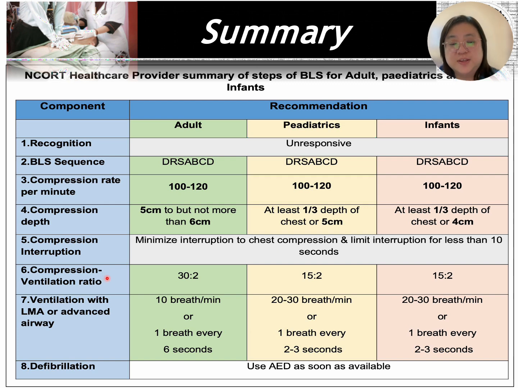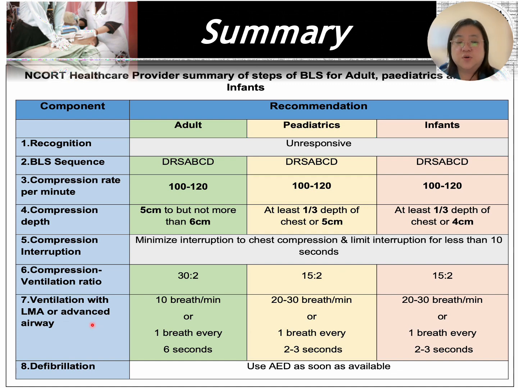The compression ventilation ratio, if you look at this, is very different. For adult it is 30 compressions and 2 ventilations, but for pediatrics it is 15 compressions and 2 ventilations. Both pediatric and infant, so a bit different, right? Adult 30:2, pediatric and infant 15:2.